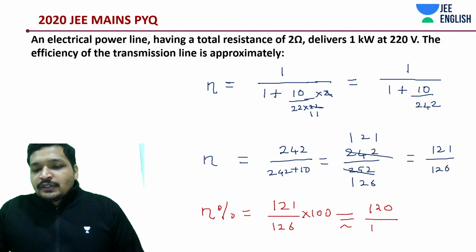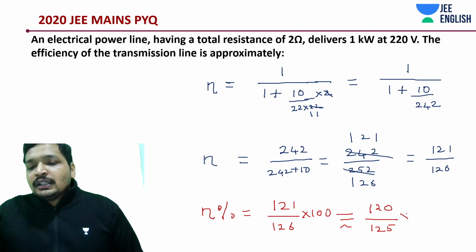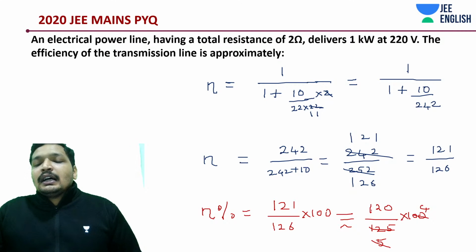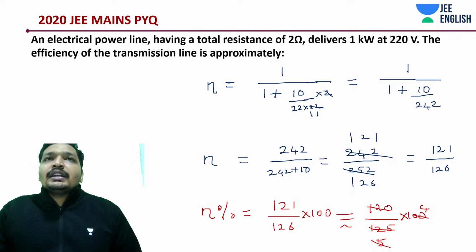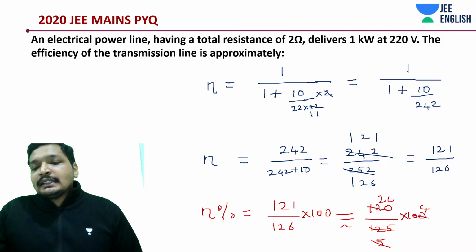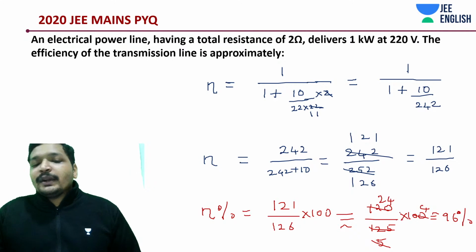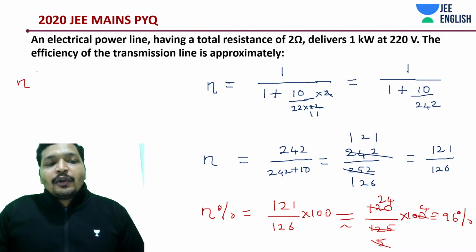So I'm going to take it as 120 and 125 on the bottom. So this is 4, this is 5. And this would come out to be something like 96%. Approximately 96%. It's 24. What did we get?